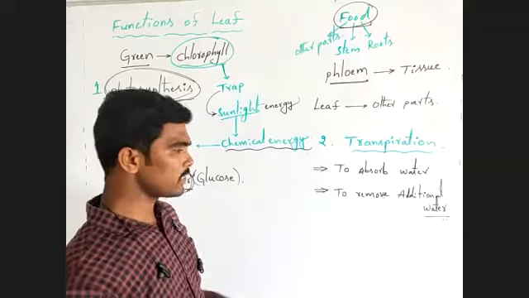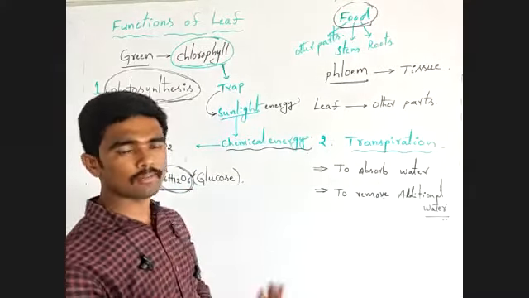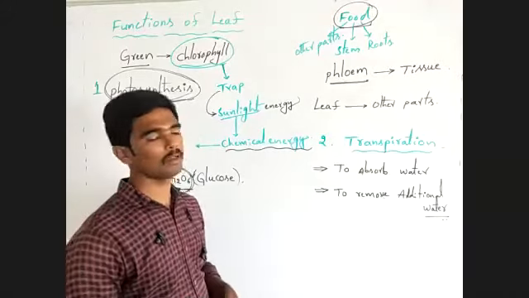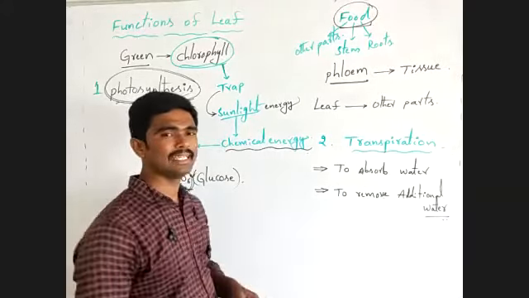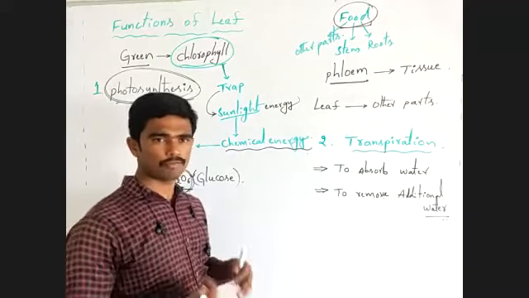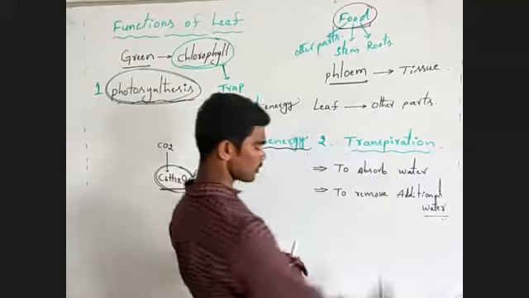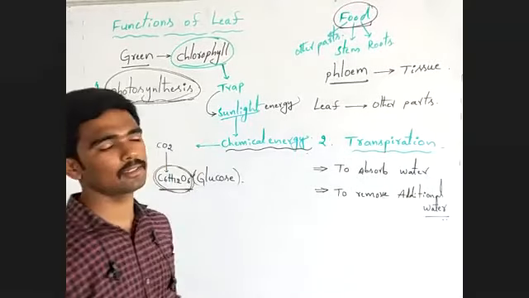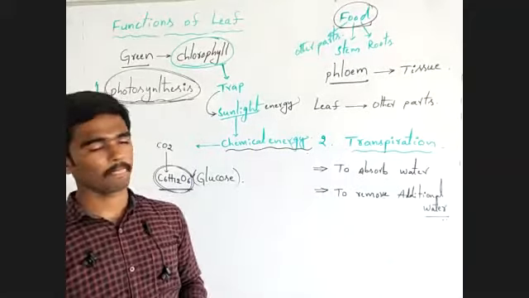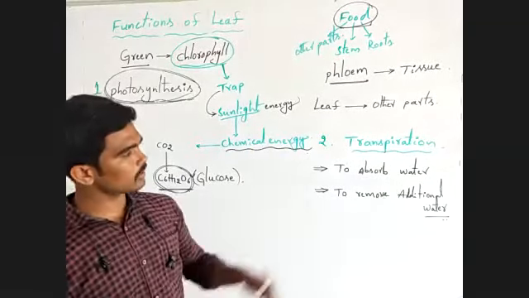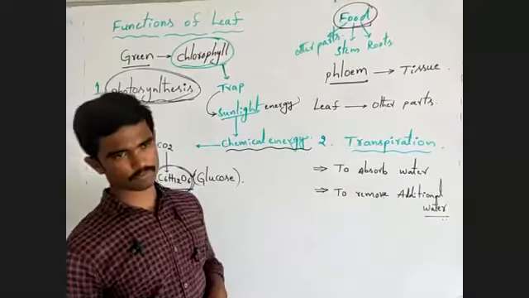That is why additional excess water should go out of the plant body. To remove the additional or excess water from plant body, transpiration process helps. Are you understanding? These are the important functions of the leaf.